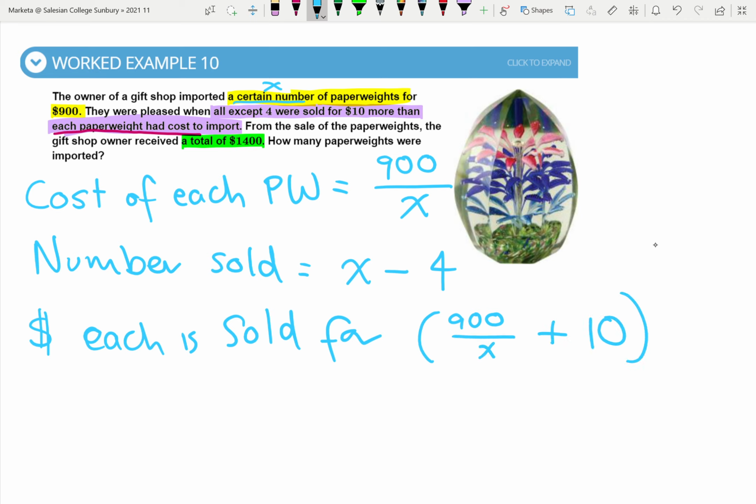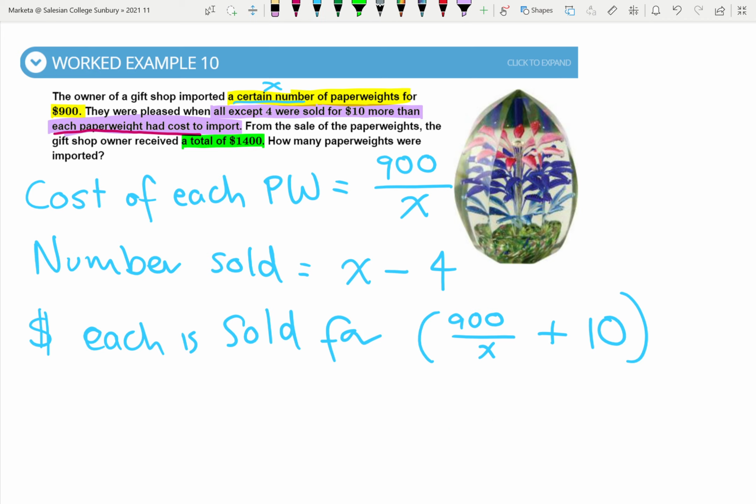So 900 divided by X is the cost of 1 paperweight, then plus the amount you're getting in profit. So it's 900 over X plus 10.